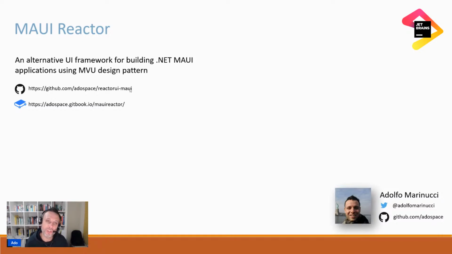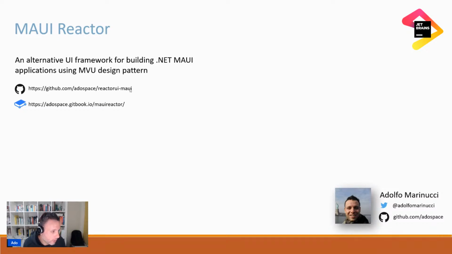Also, it's much easier, in my opinion, to stay aligned with the .NET MAUI controls. For example, now that .NET MAUI has arrived at version 7, I was able to just rebuild MauiReactor in an hour and provide MauiReactor for .NET 7 in a short period.